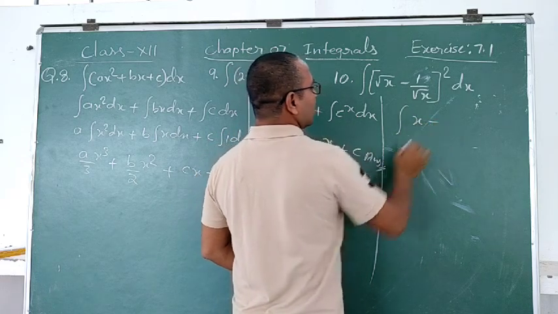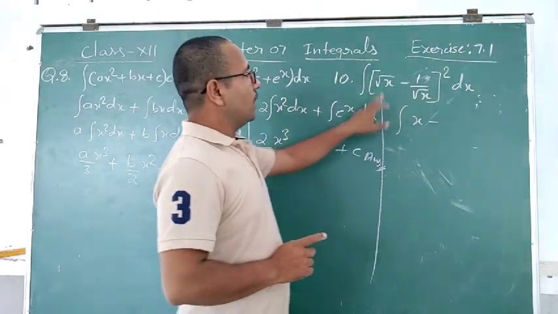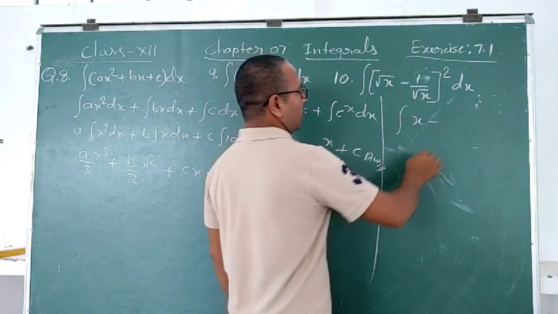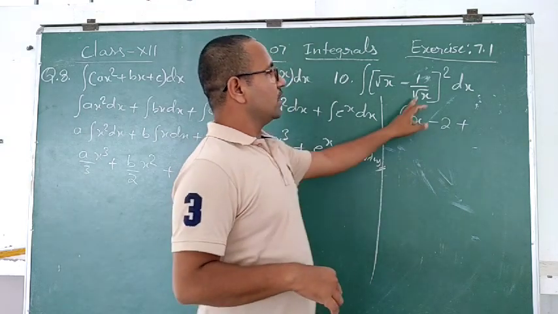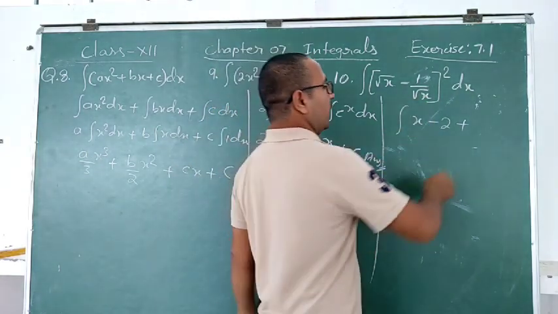Minus 2ab, a and b will be cancelled because of the same thing. So you will get how much? Minus 2 plus, use this one, b square. So how much will you get? 1 by x.